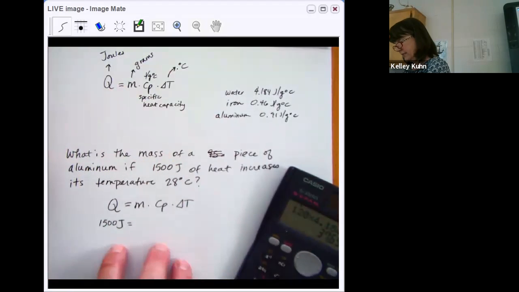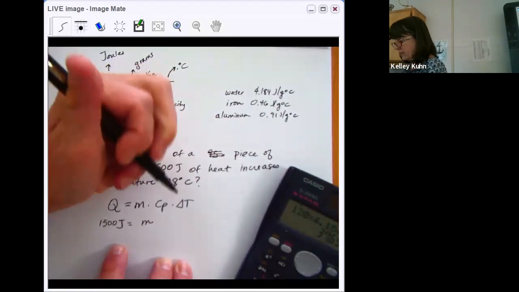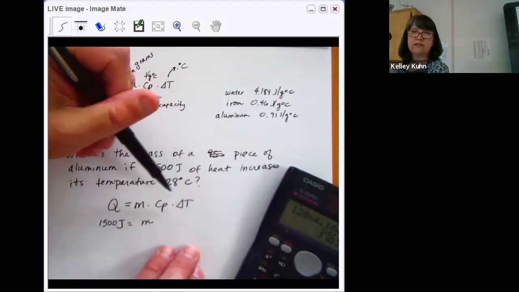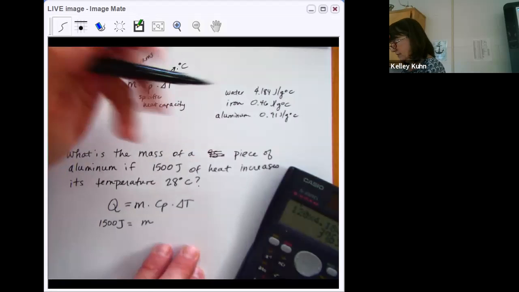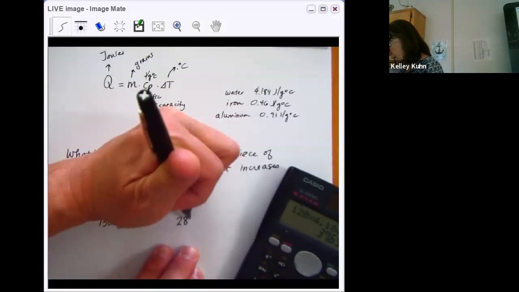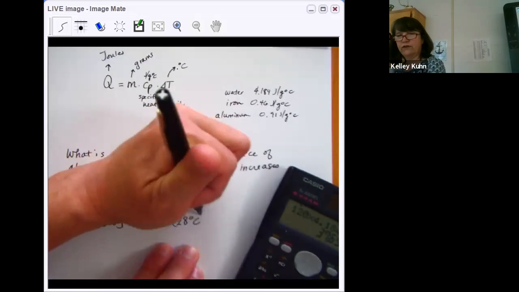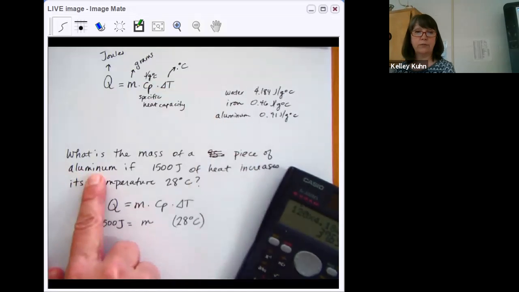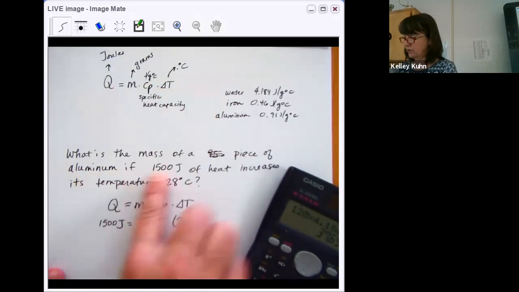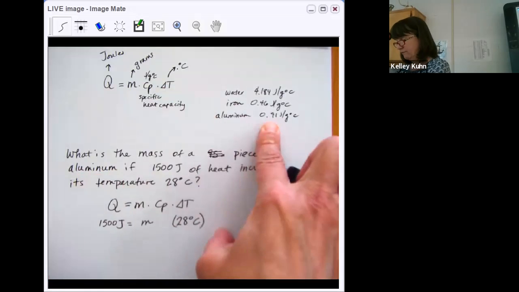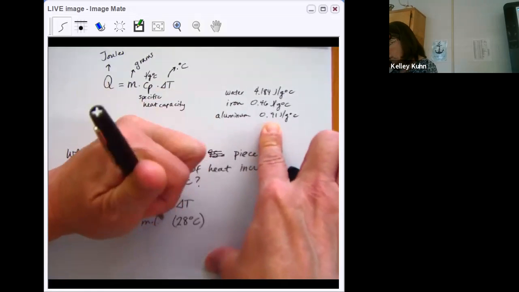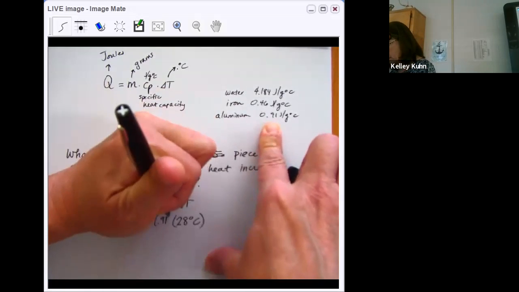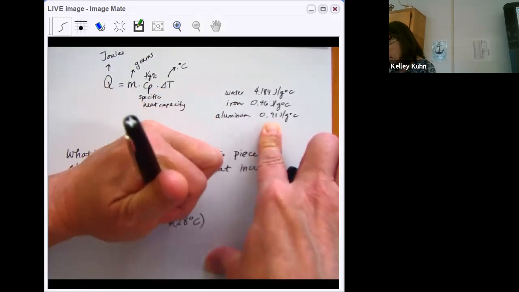That's what we don't know, so that's the variable I'm looking for. 28 degrees, well, that's going to go in my delta T. And once again, I still need to figure out what heat capacity to use. Because this is an aluminum item, I'm going to use the specific heat capacity for aluminum. Those are just constants. And once again, you have a table of those in your DIN.